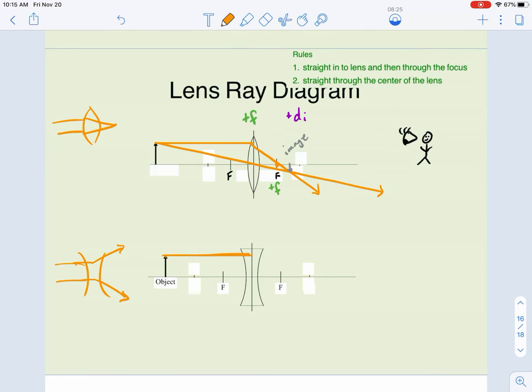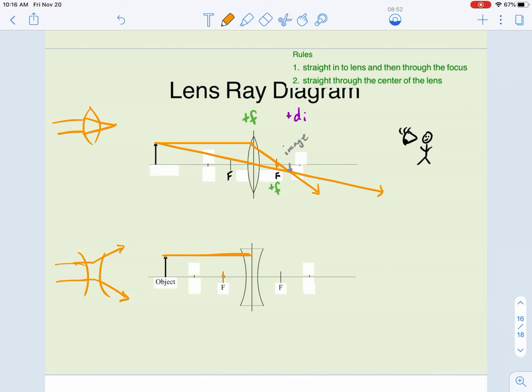So that's not the focus that we want to use this time. This time we want to use the focus that is on the left-hand side of my lens, or perhaps we could say that's on the same side. And so this is the path that the light would travel. Again, we're not really going to draw it just like this, but this is the idea, okay? So we are going to choose to use the focus over here on the left-hand side.